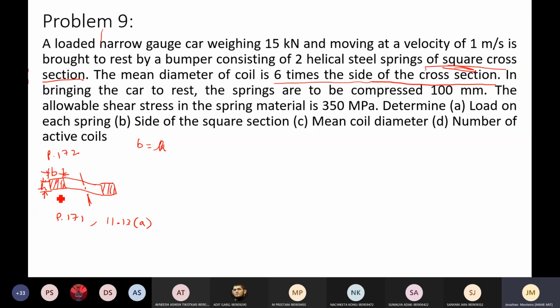So with that in mind, C is equal to D by B. In the earlier round case there was no confusion: D by d, where D is the coil diameter and the denominator is the wire diameter. Now this is D by B, where B means breadth.